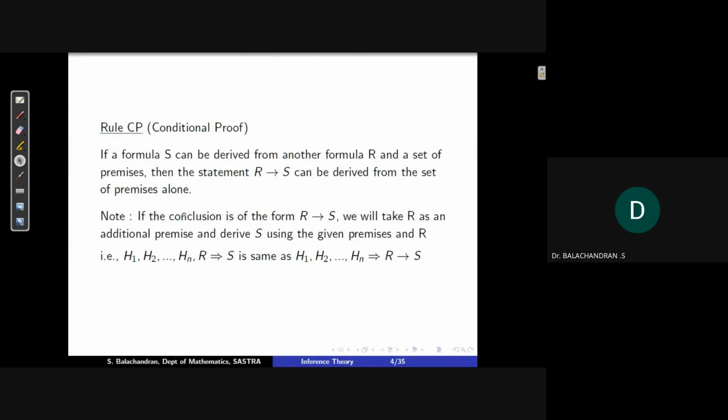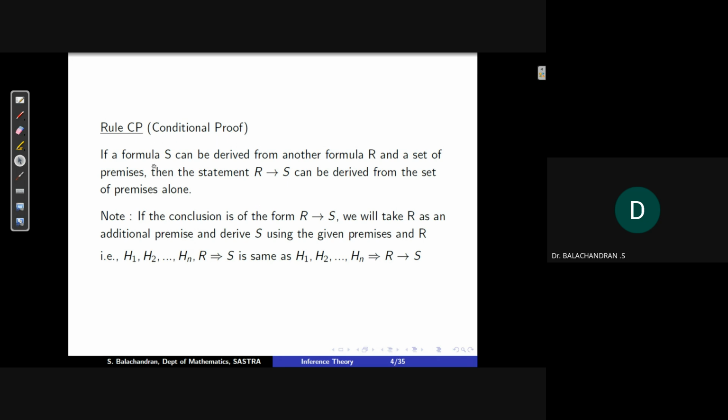Okay, so in the last class we discussed some of the problems in theory of inference. Now we will solve some problems using rule CP, that is conditional proof. What do you mean by conditional proof? In the last class itself, I explained it.